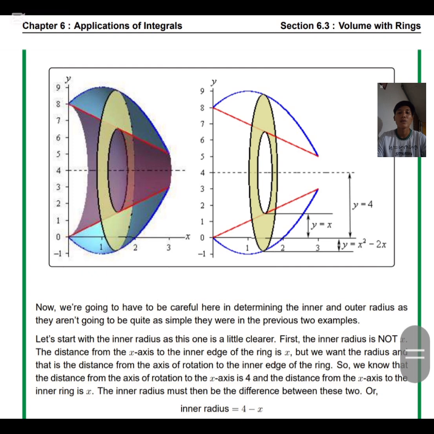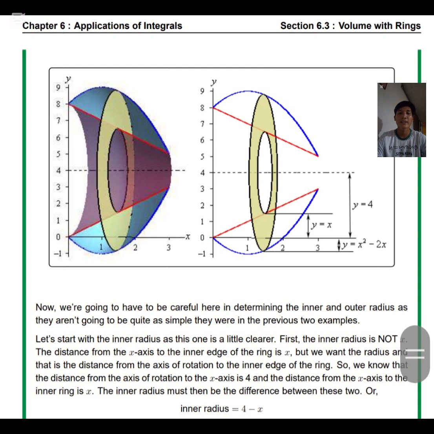Now, we're going to have to be careful here in determining the inner and the outer radius, as they aren't going to be quite as simple as they were in the previous two examples. So, let's start with the inner radius, as this one is a little clearer.